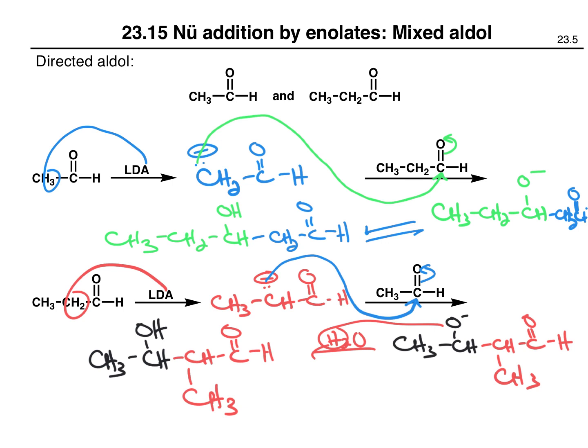If we want this enolate to react with this aldehyde, then we react acetaldehyde with LDA, and then we add in the propanal, and that gives us this product selectively. If we want the enolate of propanal to react with acetaldehyde, then we treat propanal with LDA to give this enolate, and then we let that react with acetaldehyde to give us this final product.